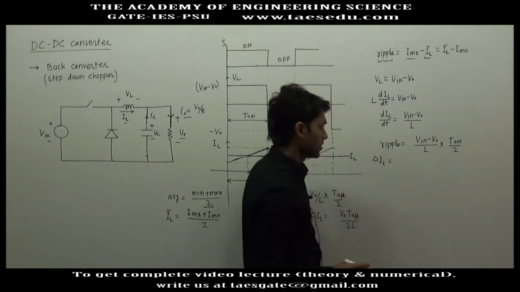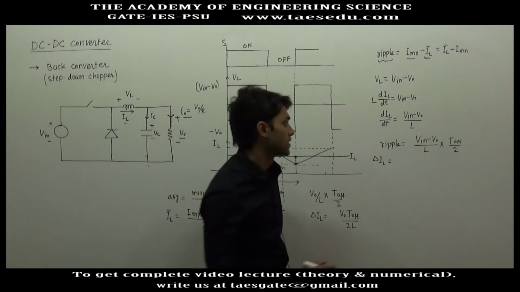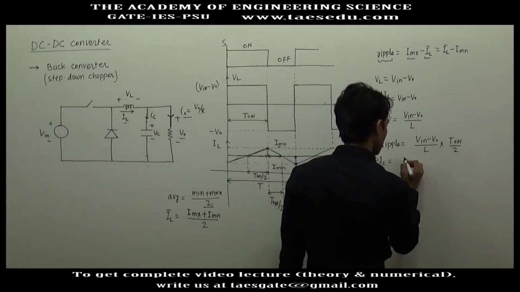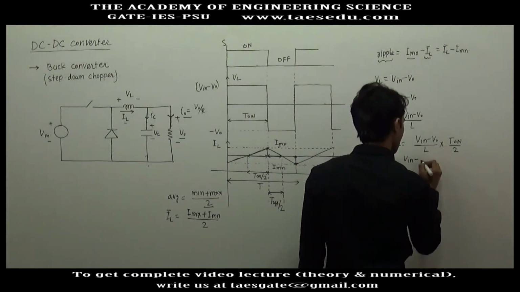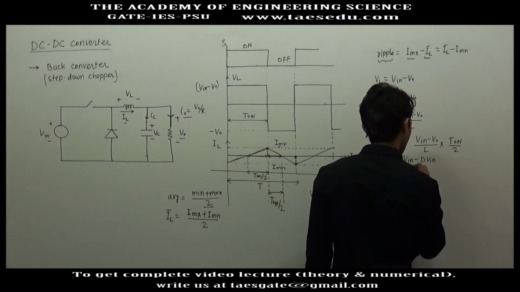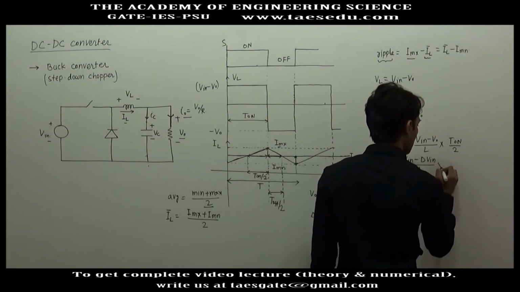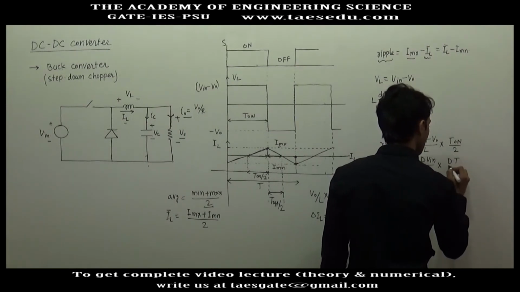If you want to find it in terms of duty cycle, in the most simplified form, V input minus V naught will be D into V input divided by L, and T on is D into T divided by 2.